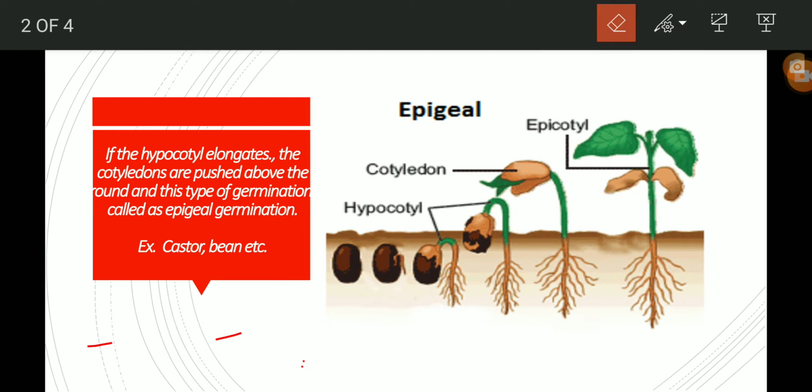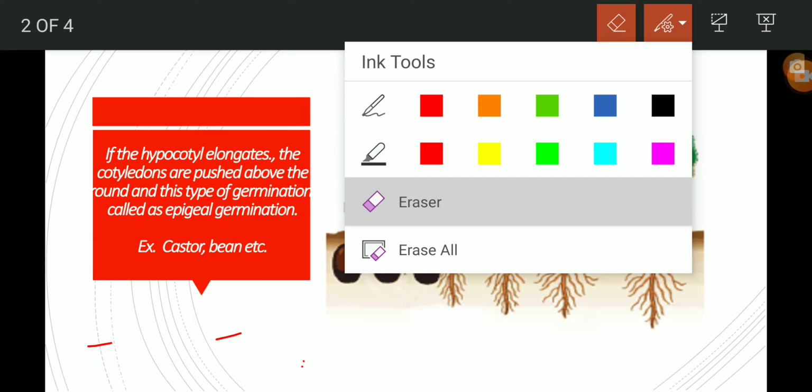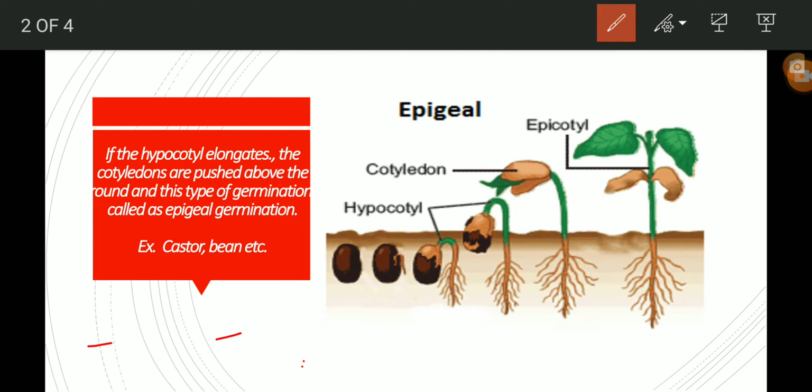Okay, now students, it is necessary for you all to understand about epicotyl and hypocotyl.